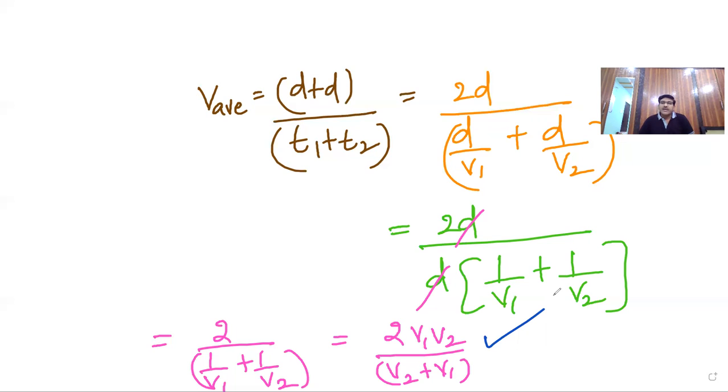This is the average speed V. Clear? Total distance by total time. In this case, time we don't know, so indirectly we have calculated the times by applying the simple law: speed is equal to distance by time.